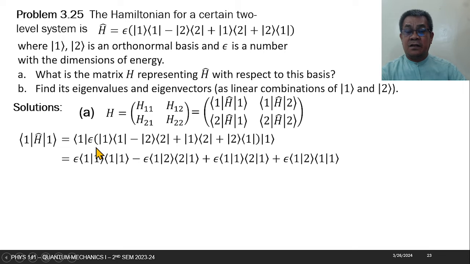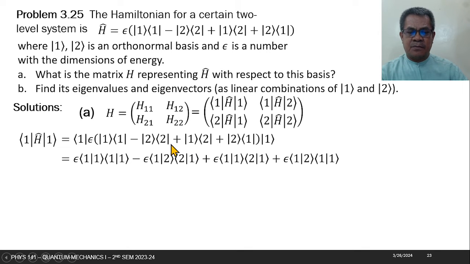Okay, then again we multiply: the bra acts on 2, so we have this one, and this ket 1 acts on the bra of 2, the second term. So this is the result with the epsilon value, and this is minus.